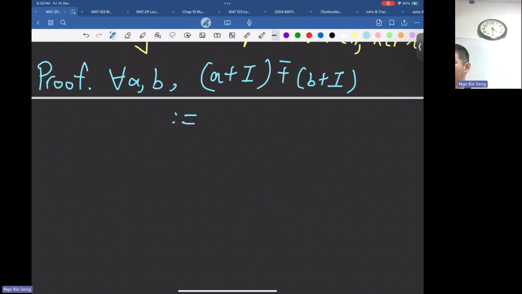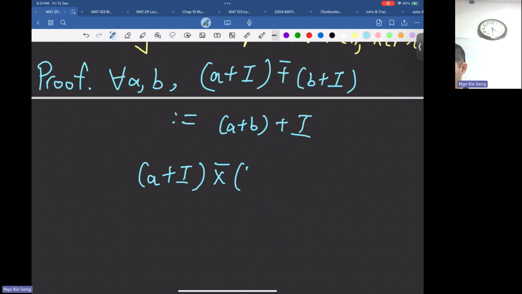So what do you get? A plus B plus I. You send it to this coset here. And how about multiplication? I have A plus I times B plus I. What should I get?